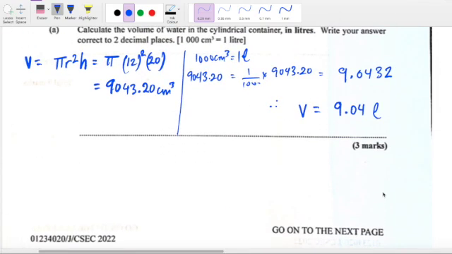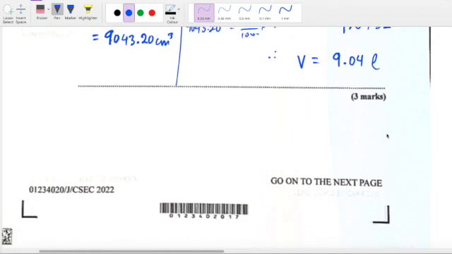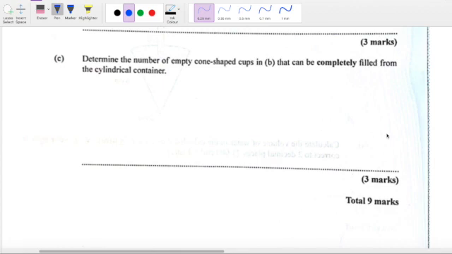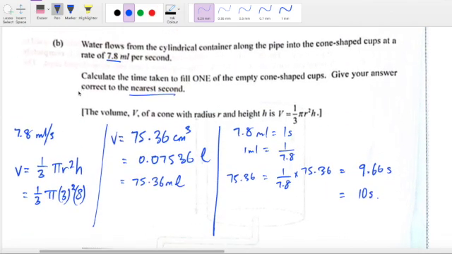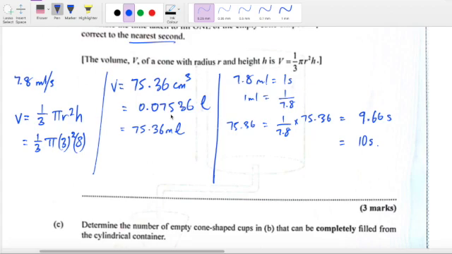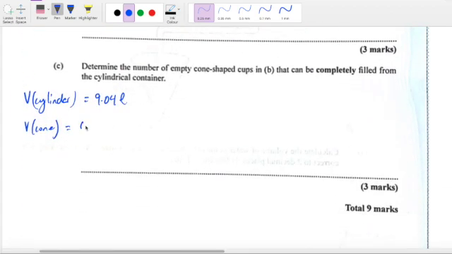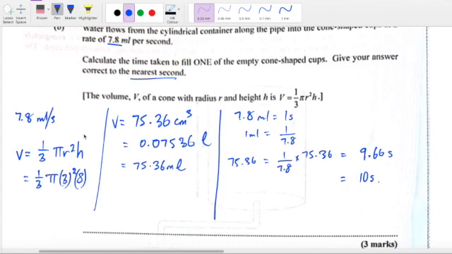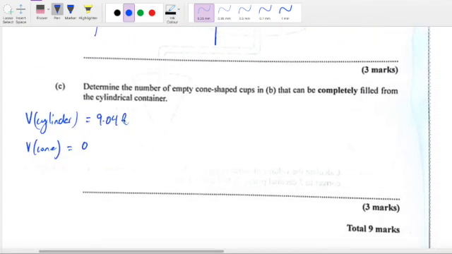So the volume of the container, or let's just say cylinder, is 9.04 liters, and the volume of the cone, as we saw, is 0.075 liters.